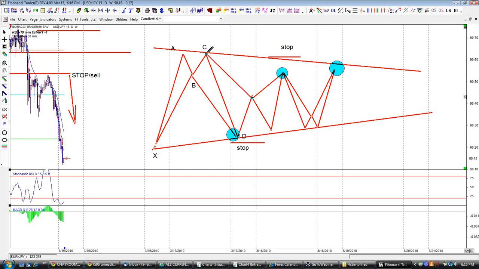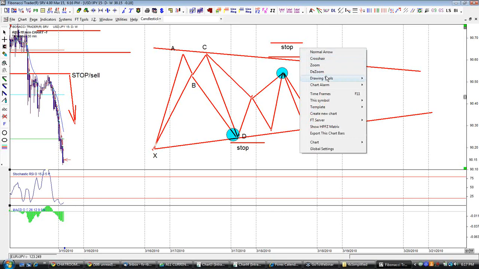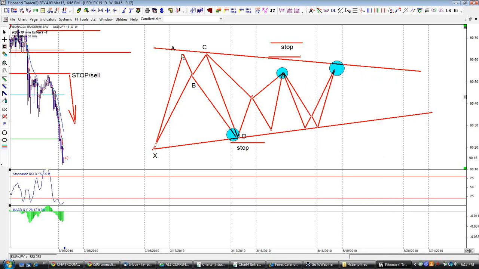Now, if I had to place the stop the way I was supposed to, I would need to place it above the X. So my stop should have been somewhere here. But now I saved all those pips from this to this. This gives me a much higher risk reward.